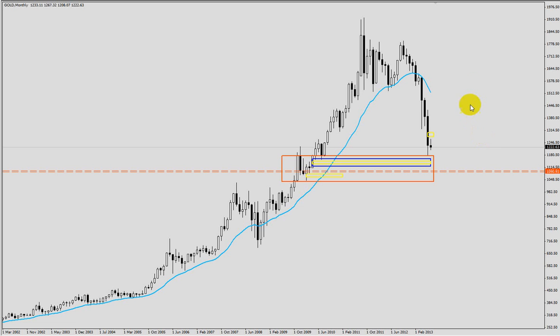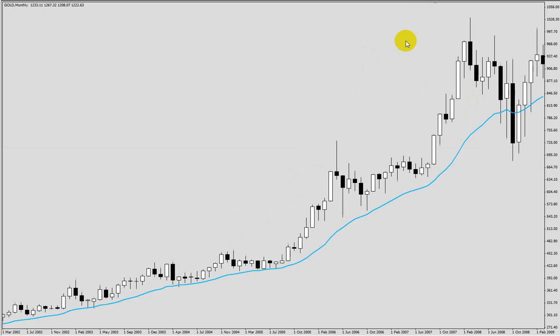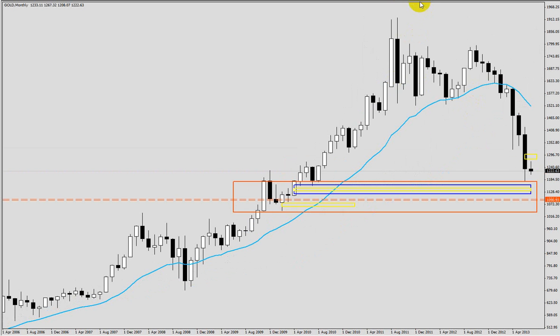Okay, let's start. Monthly charts, gold versus dollar. Let's try to expand it. The red color is a monthly buying zone which has been tested twice already.